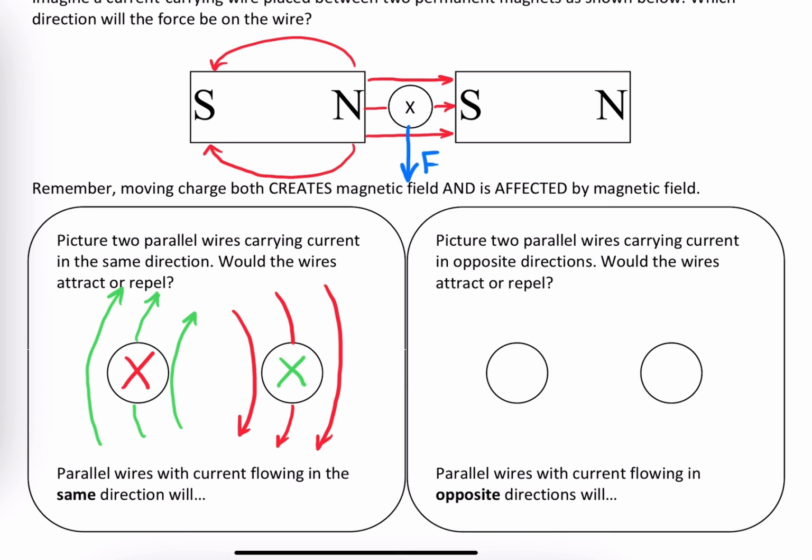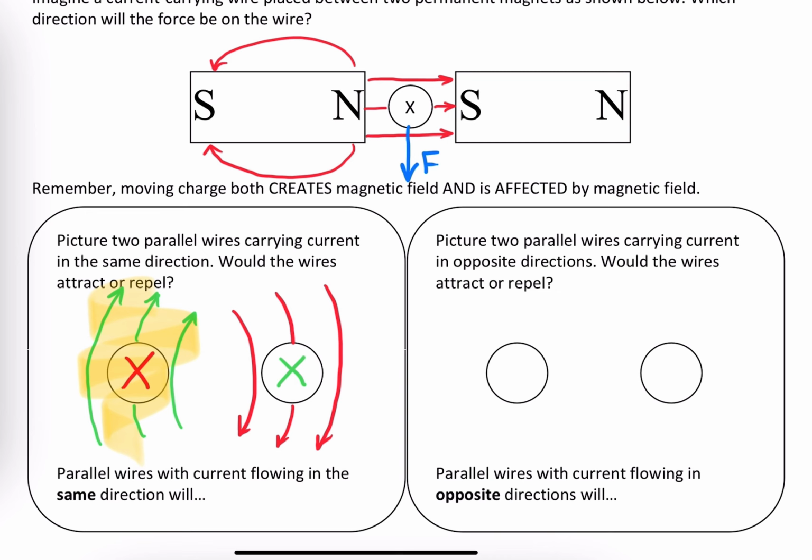And for that affected part, we're going to use the second right-hand rule. So let's look at the front side here first. Here I have an already existing magnetic field. This magnetic field has nothing to do with this wire that I've highlighted. It's coming from the other one, and it's going up. So my pointer finger goes up. Then in that magnetic field, I have current flowing into the page. So while my pointer finger stays up, my thumb is going to go into the page.